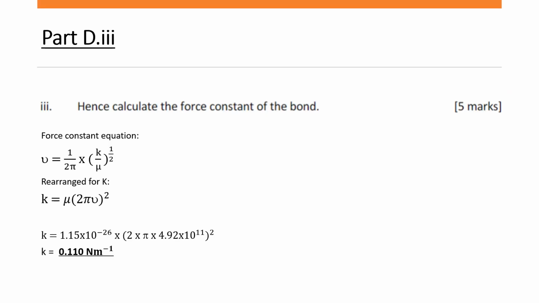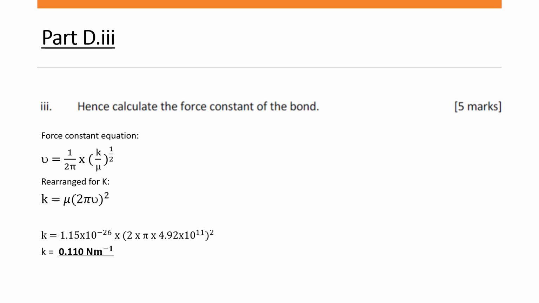Part D3 is a continuation of the last two questions, and it says, hence calculate the force constant of the bond. The equation we're going to use to find that force constant is that same Greek nu, frequency, equals 1 over 2 pi times the square root of k over mu, where mu is the reduced mass. Rearranging that equation for k gives you k equals mu times, in brackets, 2 pi times frequency, squared.